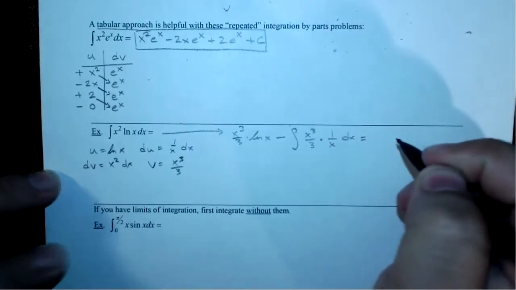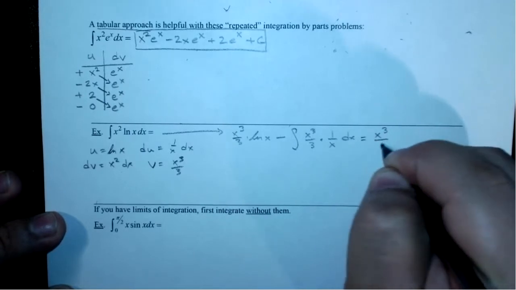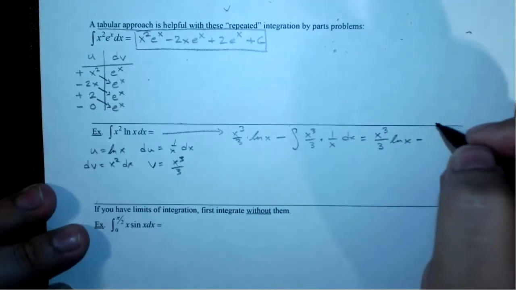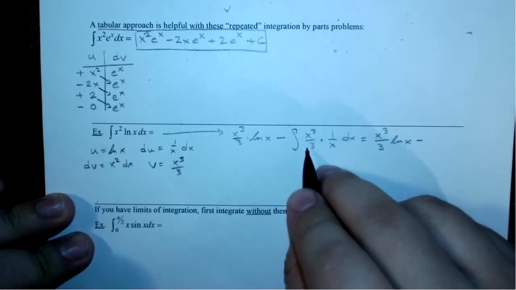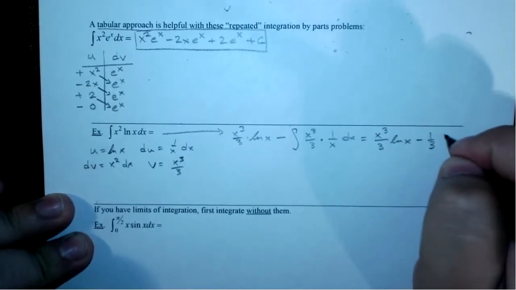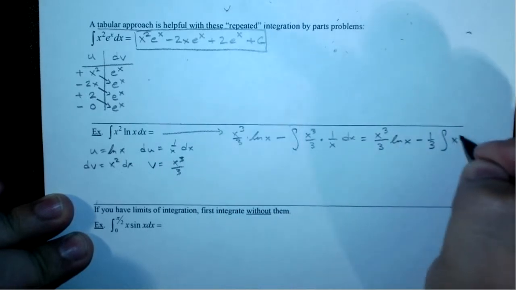Okay, now we can rewrite this a little nicer. So x cubed over 3 natural log of x minus, I'm going to go ahead and pull out this 1/3, and then say the integral of x cubed divided by x is just x squared dx.